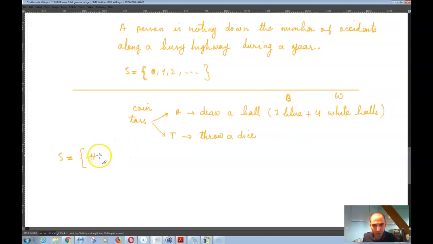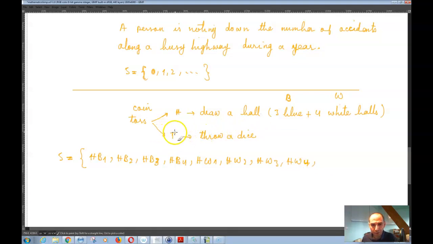So that would be HB1, HB2, HB3, and then you could go for the white balls as well: HW1, HW2, HW3, and HW4.